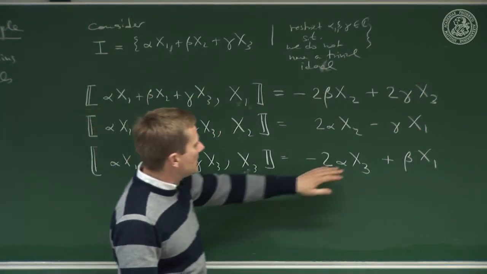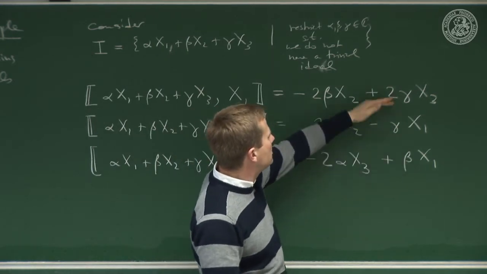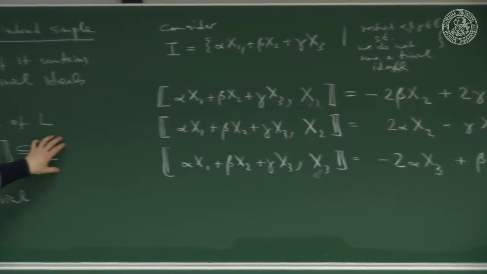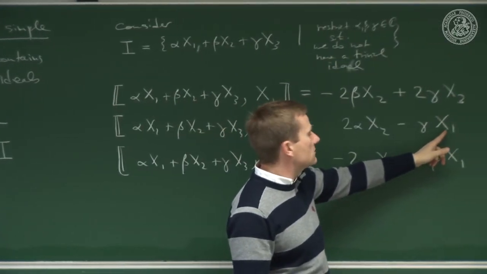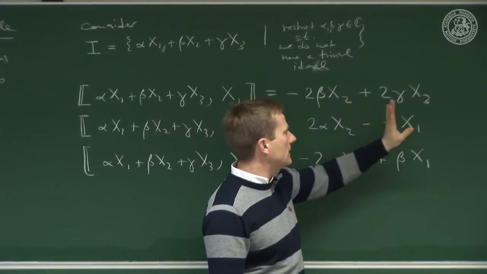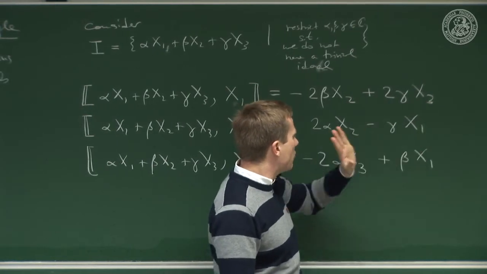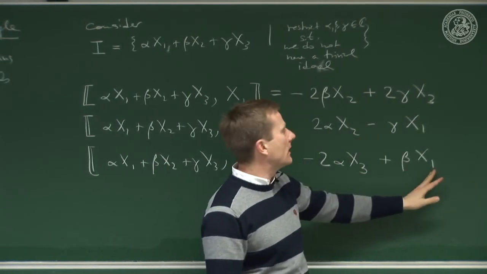Look at the right-hand side. What we produce here consists of a linear combination of vectors 2 with 3, but this is 2 with 1, and this is 3 with 1.